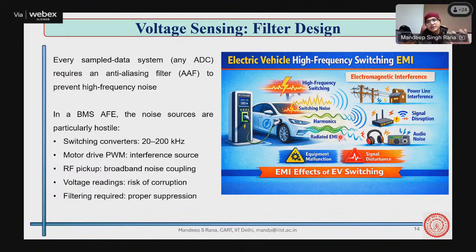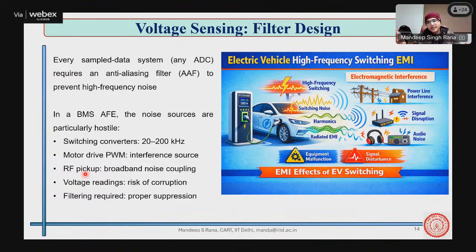So when you read it, you actually capture a lot of noise there, and this noise could be something like 20 to 200 kilohertz for switching converters. Then there are other PWM signals also involved within that drive, which may cause some other sort of noise. Then there are radio frequency communications around the EV, within the EV itself.